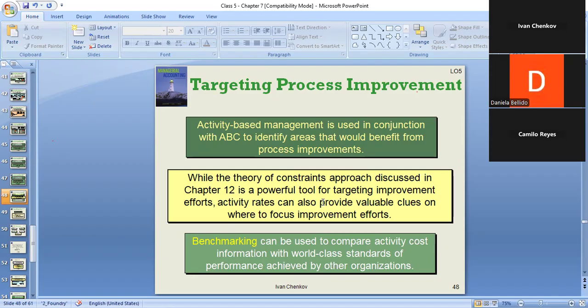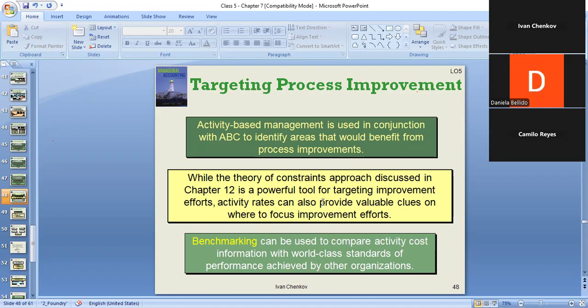Now, there's a theory of constraints approach, which we're going to discuss later in chapter 12, which is powerful for targeting improvement efforts, but activity rates can also provide a valuable clue or way to focus our effort. Now we're going to start talking about value-adding activities and non-value-adding activities.